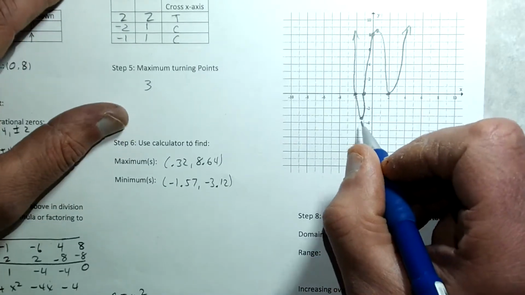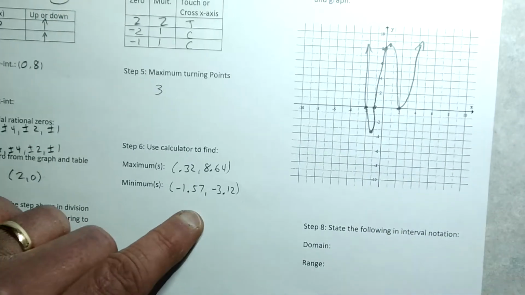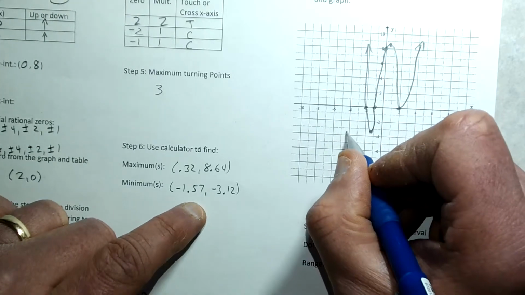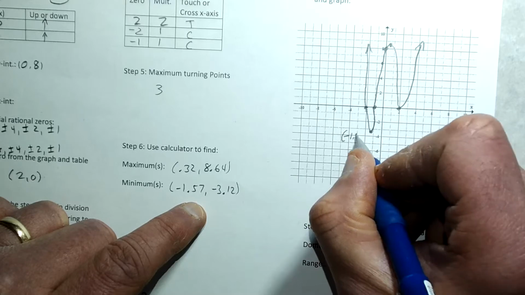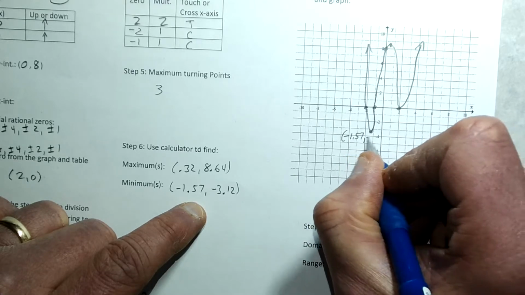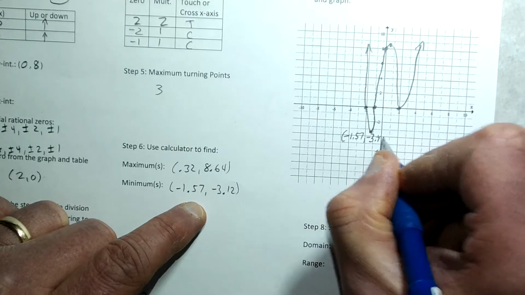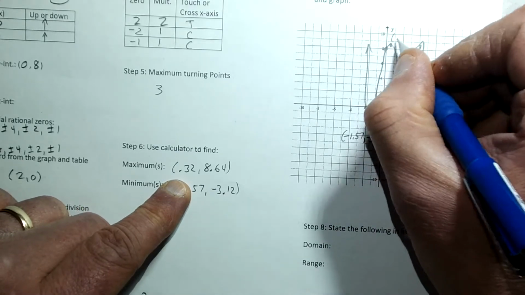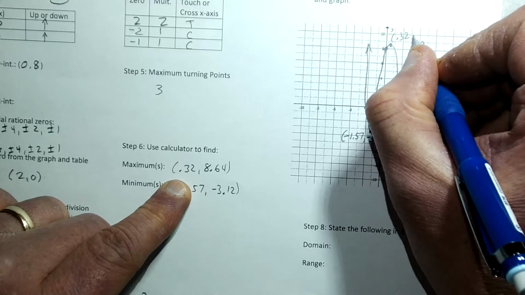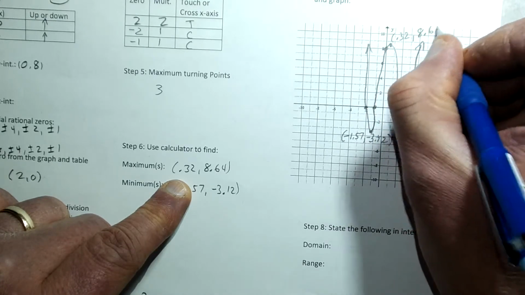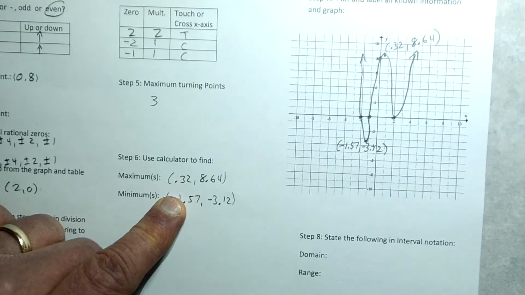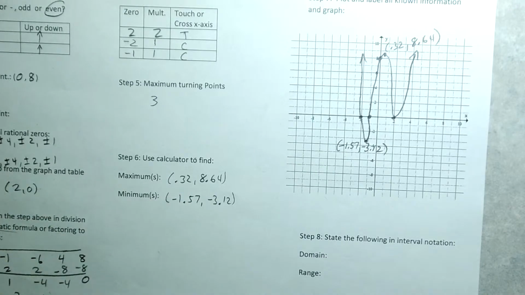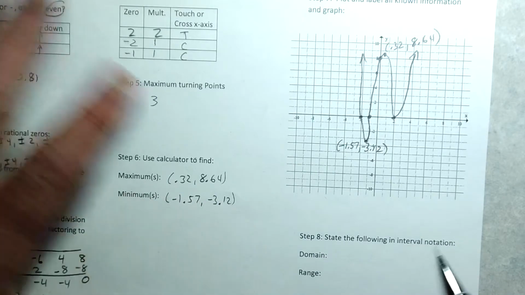This point here, the minimum, remember over here, was -1.57 and -3.12. And the maximum up here was 0.32 and 8.64.